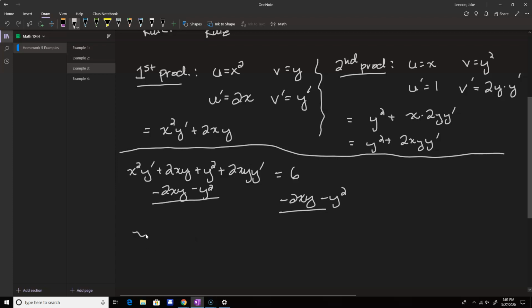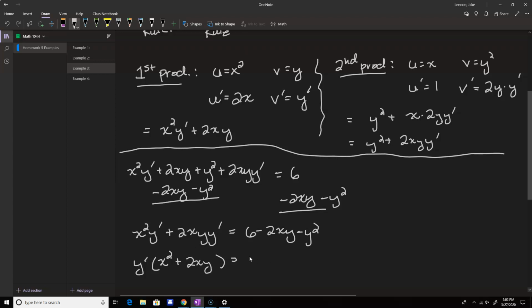So I have x squared y prime plus 2xy y prime, and that will equal 6 minus 2xy minus y squared. So then what I need to do is just factor out the y prime on the left. If I factor out the y prime, I'm going to have two things inside the parentheses. The first term, y prime, is being multiplied by x squared, and the second term, y prime, is being multiplied by 2xy.